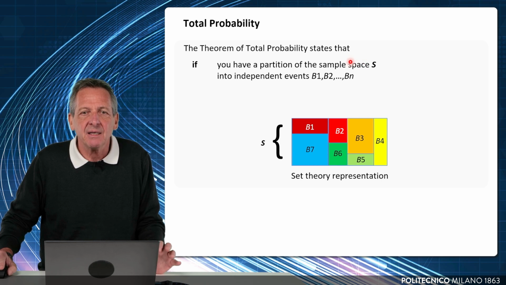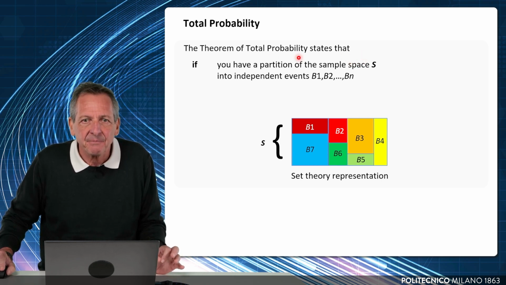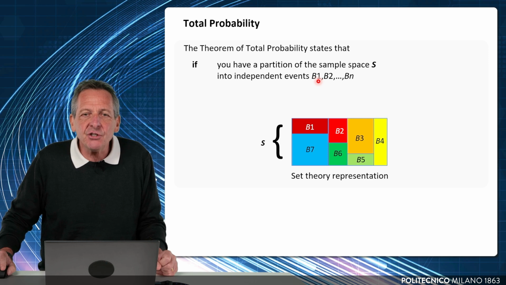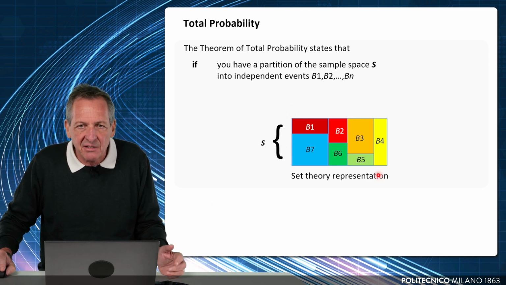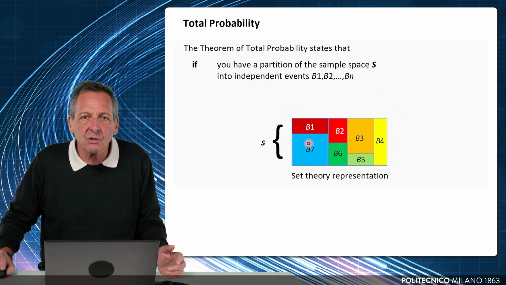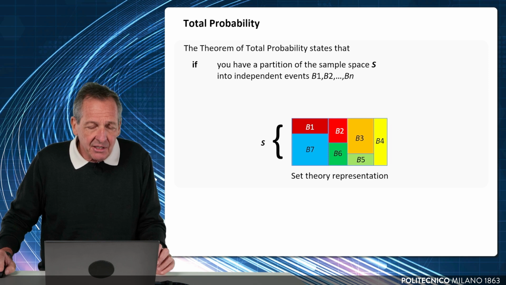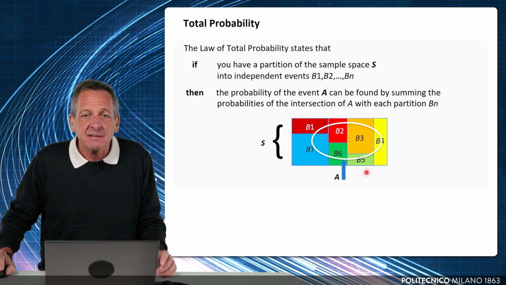Total probability tells us that if we have a partition of our sample space S into independent events B1, B2, Bn, where the sample space is the big rectangle here and our smaller events are the colored rectangles, then every event A can be computed as the sum of the intersections of the event A with the single subsets B1, B2, B3.